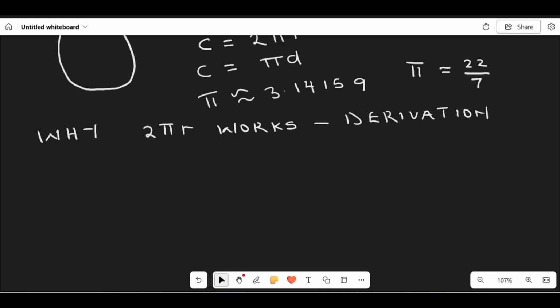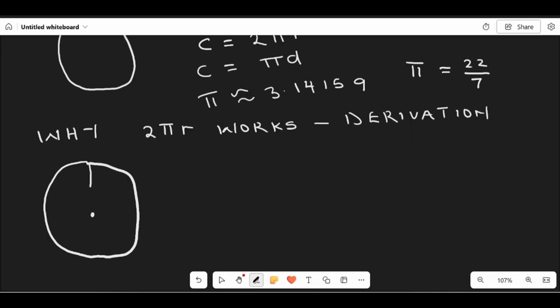Imagine cutting the circle into smaller equal thin sectors, like cutting a pizza into a lot of tiny slices. Let us say we have a circle. This is the center of our circle.